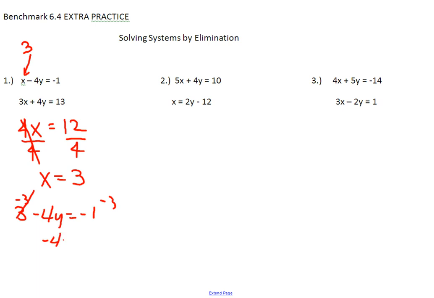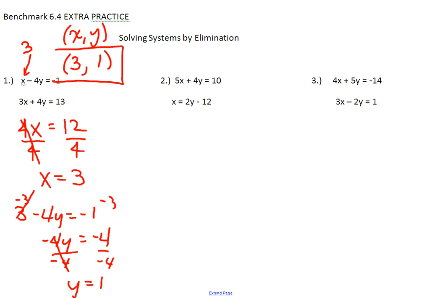So we get -4y equals -4. So y is 1. And then write your answer as an ordered pair, x comma y, always in alphabetical order. I found x first this time. So 3 comma 1. Put a box around it.